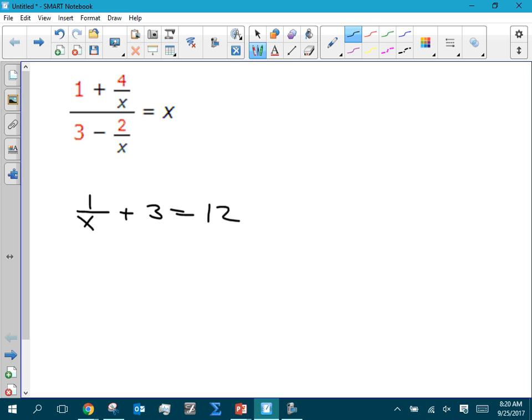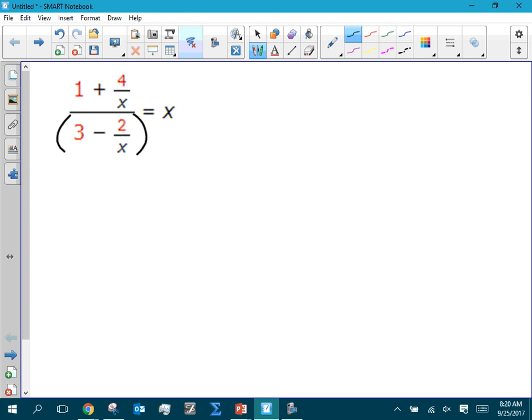The best thing would just be to multiply every single term by x. Eliminates the fraction, right? So we multiply by the denominator. Well, in a compound fraction, we have multiple denominators, but the overall denominator right away is that. Let's try to get rid of that. So multiply both sides by that denominator.